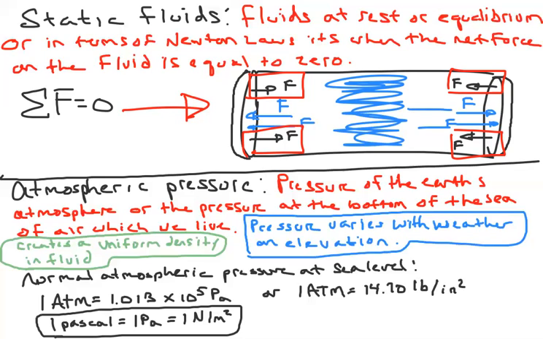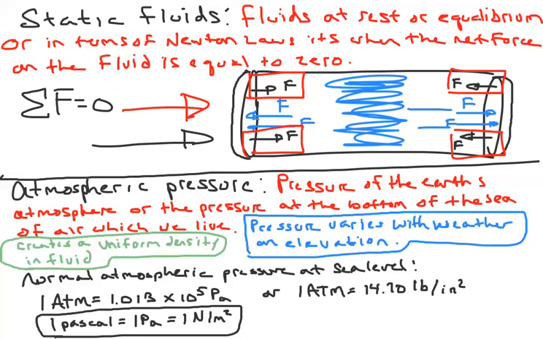So, to begin our discussion, it's obvious to look at a fluid in a completely sealed container, like I have drawn here, and say the fluid is exerting a force on the container and the container is exerting a force back on the fluid, so it's a very easy situation to tell that the net force is zero. But what about other situations?